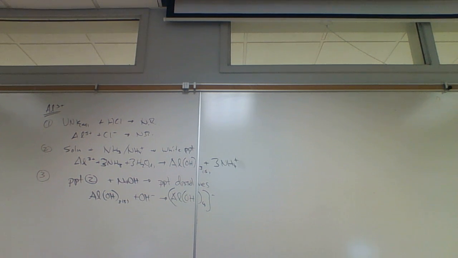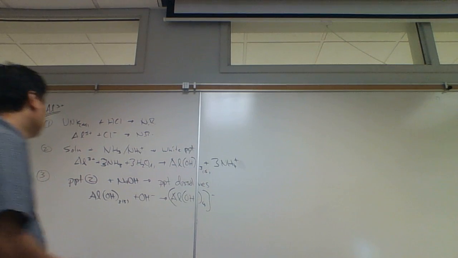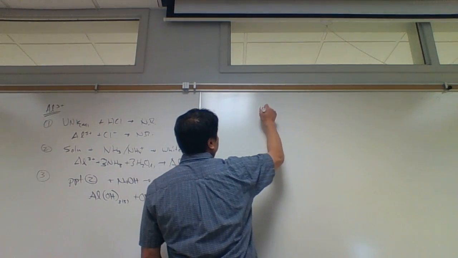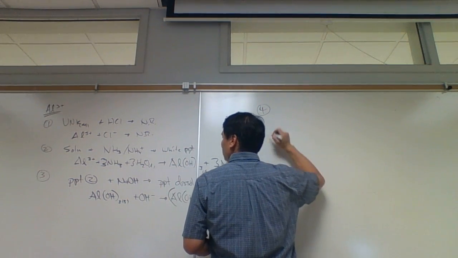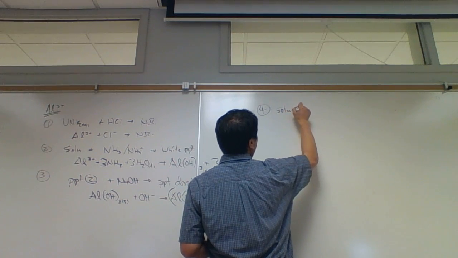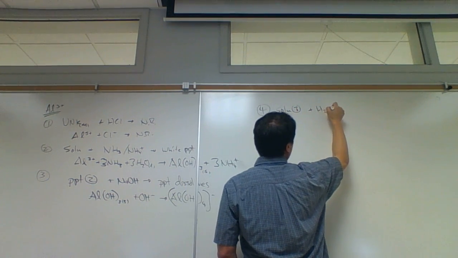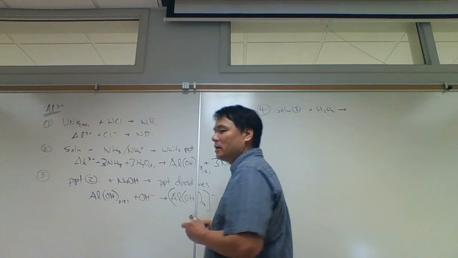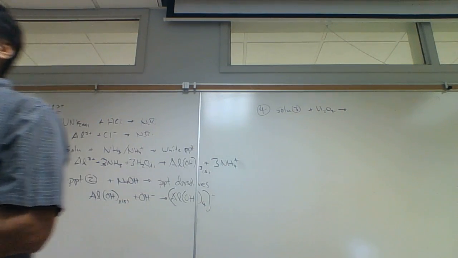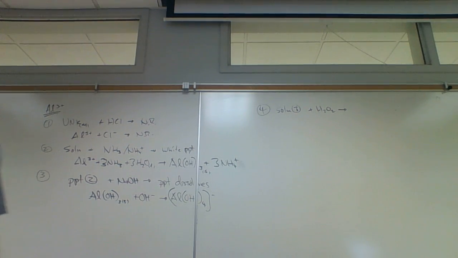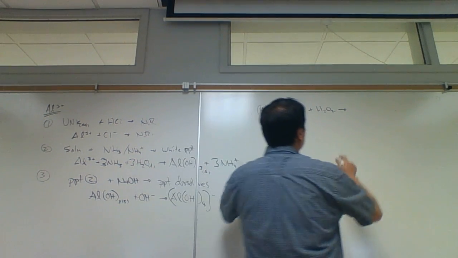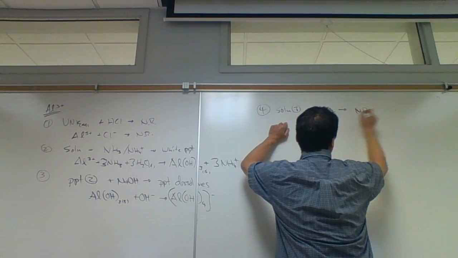Okay, then what do we do? Do we separate or do we add the hydrogen peroxide? We add the hydrogen peroxide. So the solution in 3 plus the hydrogen peroxide, what does the hydrogen peroxide do to the aluminum? Nothing. It's already oxidized. So NR, we should get no reaction.